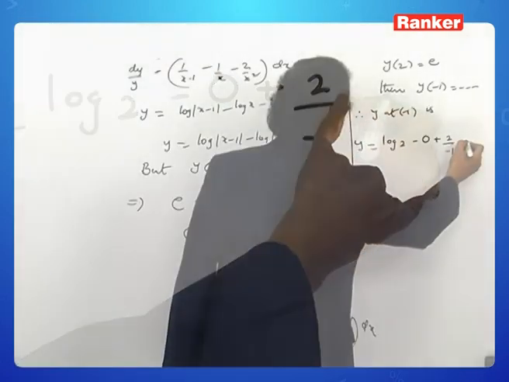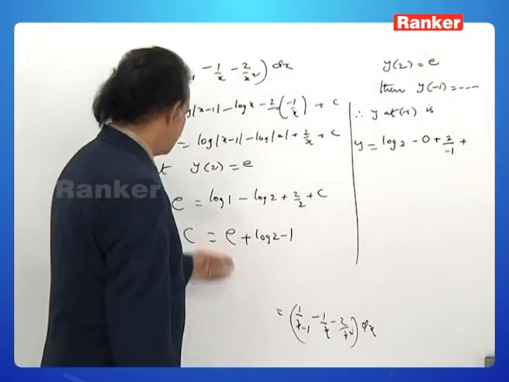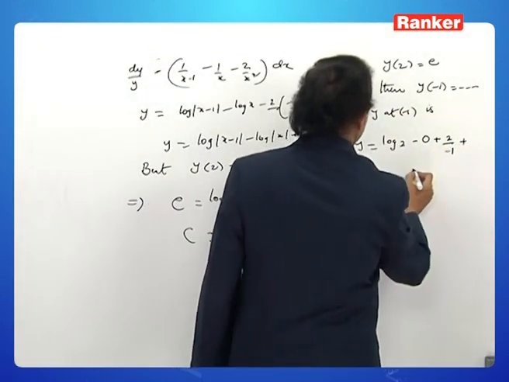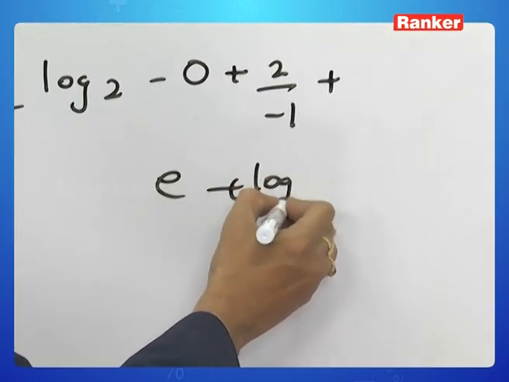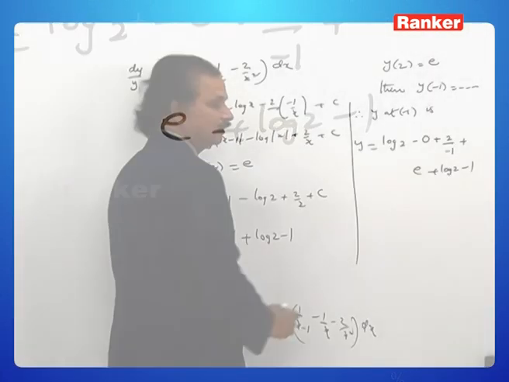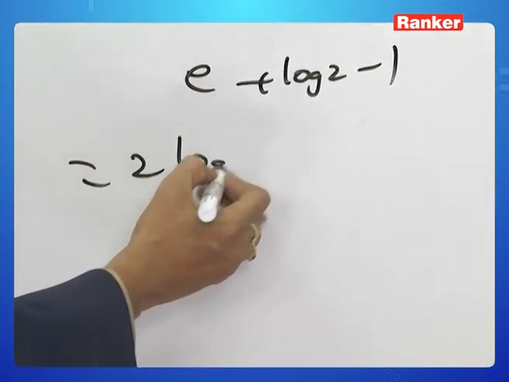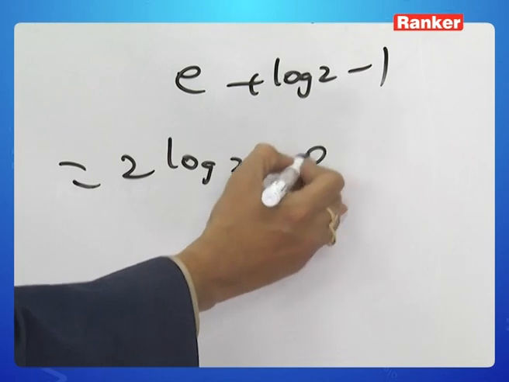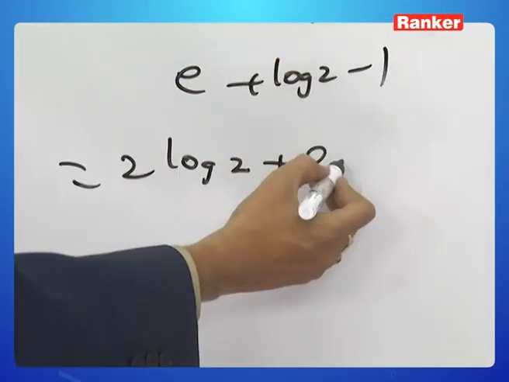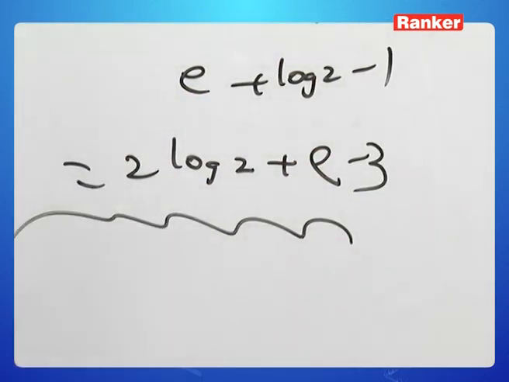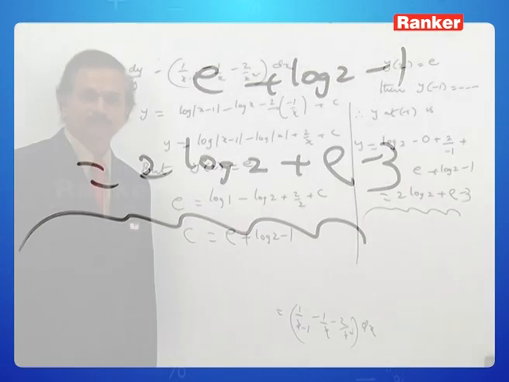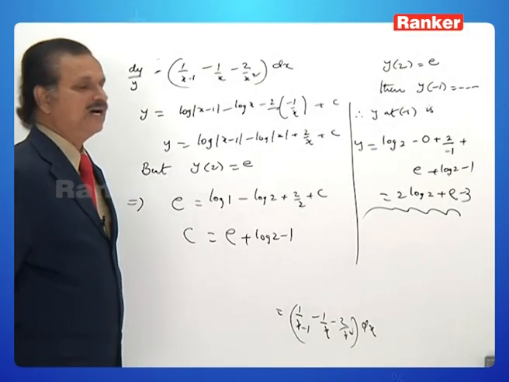Plus 2 by minus 1 plus c. What is c? e plus log 2 minus 1. All together, log 2 plus log 2 is 2 log 2, plus e, minus 2 minus 1 is minus 3 is the answer. Is the answer available?